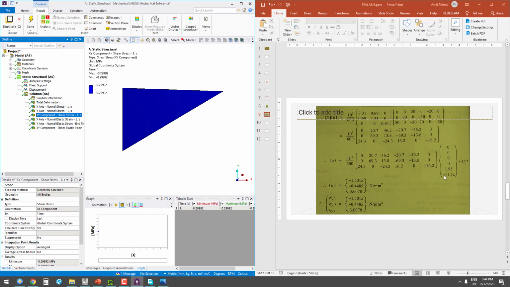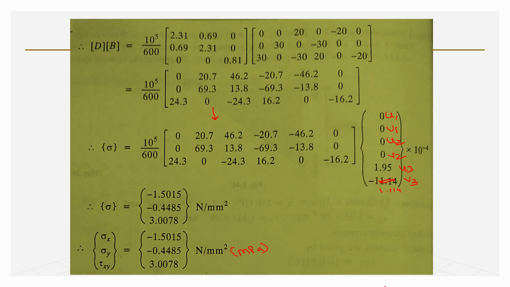There is a typo mistake here because that value has an error, so it's actually 0.3. So if we take all these things, we have seen that it matches the hand calculation approach.